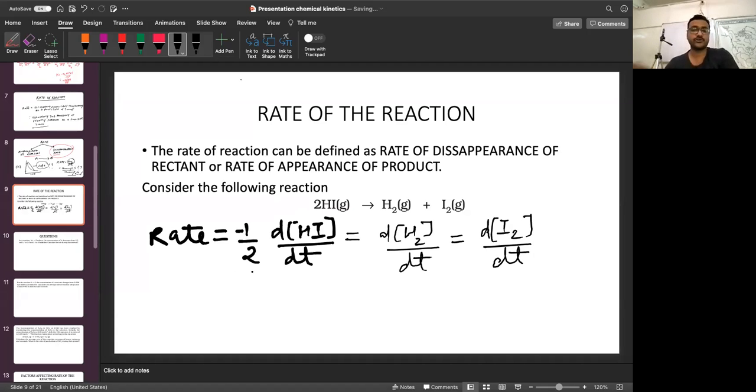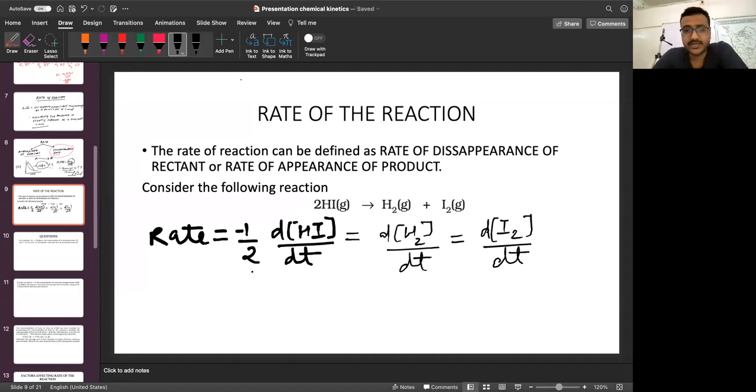You can understand this in a way: since the disappearance of HI is twice the times of appearance of H2 and I2, therefore, you have to divide the rate of disappearance of HI with 2 in order to make a uniform rate.